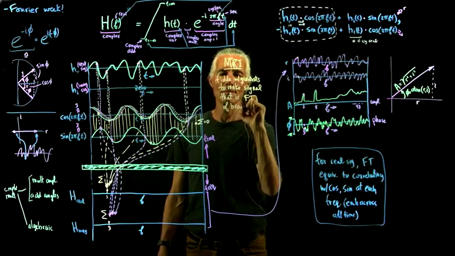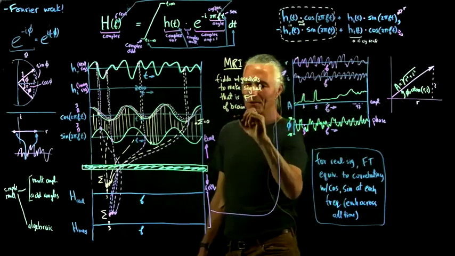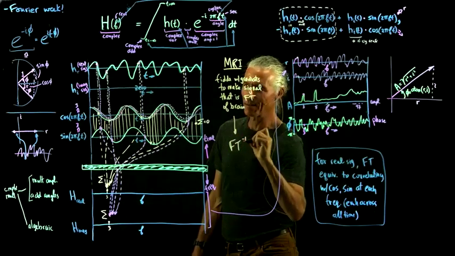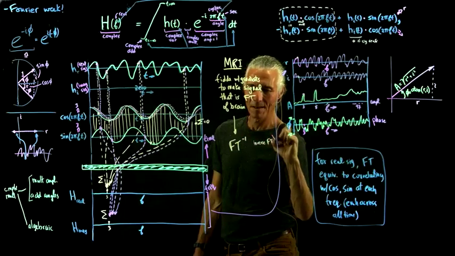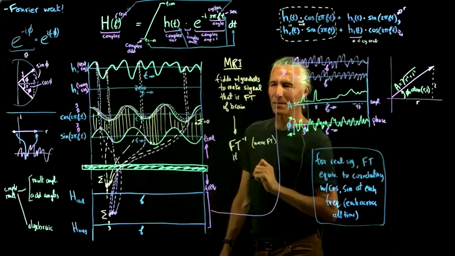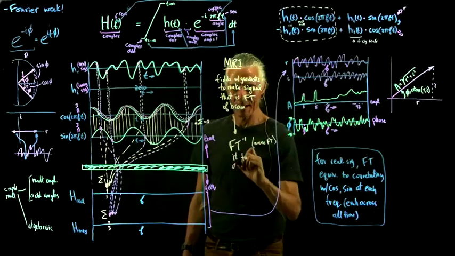That's fundamentally what we do. And then we just inverse Fourier transform it. FT minus 1, that's the inverse Fourier transform, to get the image. And that gives us our image.